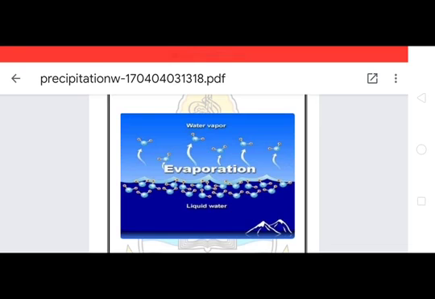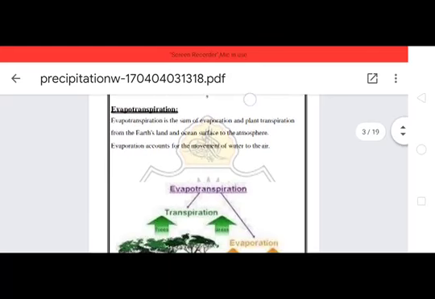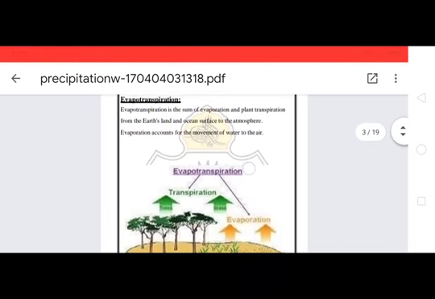This water particle is vaporized and lifted upward because its weight is comparatively low.